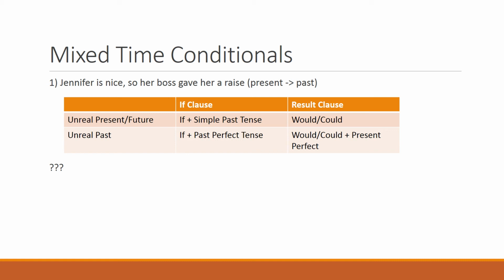Her boss gave her a raise is the result of a past, so we're going to use the unreal past. So we're going to say the answer is, if Jennifer weren't nice, her boss wouldn't have given her a raise.